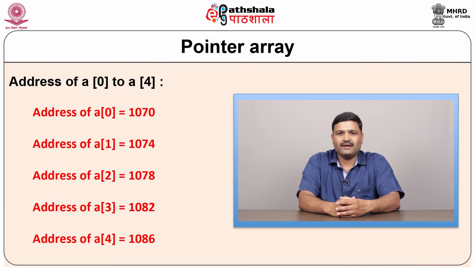Therefore, A1 equals 1070 plus 4, that is 1074. A2 will be 1078 and so on. This way you can find out the memory address of array and the memory address of pointers.